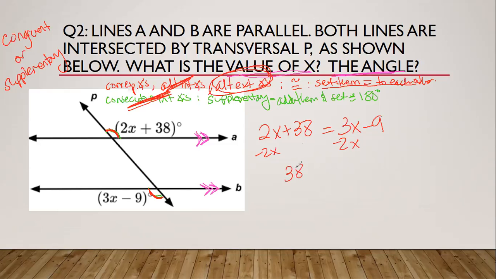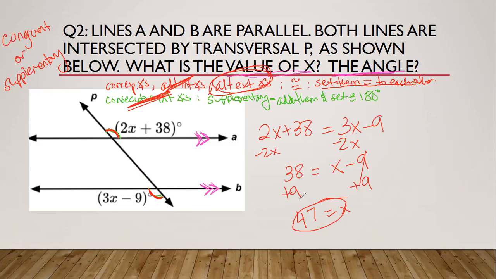So that's going to be 38 is equal to 3x minus 2x, which is x, minus 9. I'm going to add 9 to both sides of the equal sign. Remember we want the x's on one side and the numbers on the other. So 38 plus 9 is 47, which is equal to x. So that's my value of x right here.